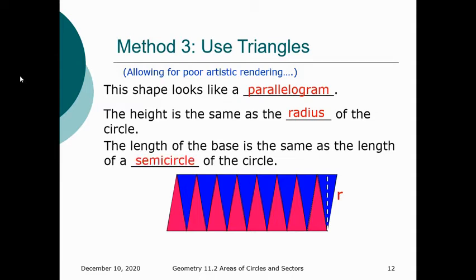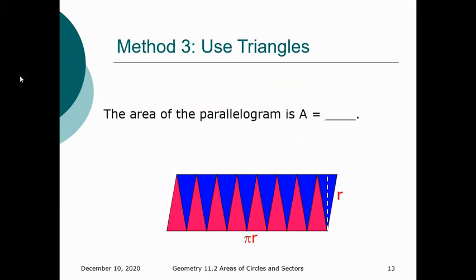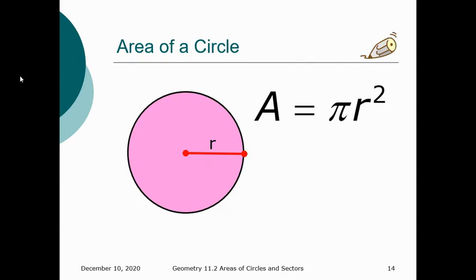The semicircle of the circle. So that would be pi r. So the area of the parallelogram is A equal to, that's right, pi r squared, which means that the area of the circle is equal to pi r squared.